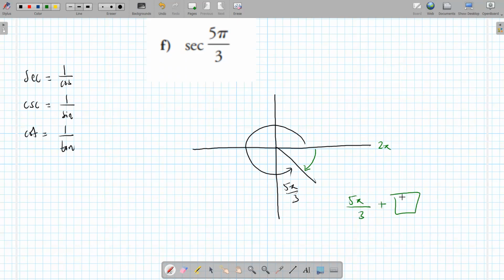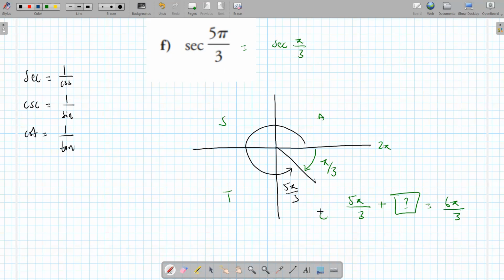We need to add something to this to get 2 pi, which in terms of these denominators is pi over 3. Pi over 3 is right. So secant of 5 pi over 3 is the exact same thing as secant of pi over 3.